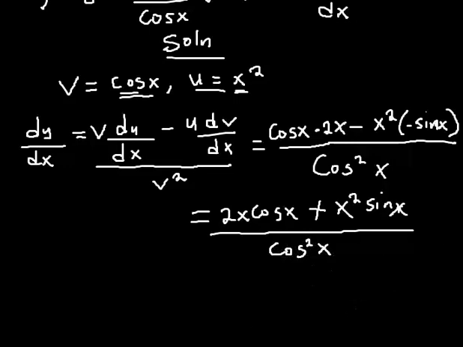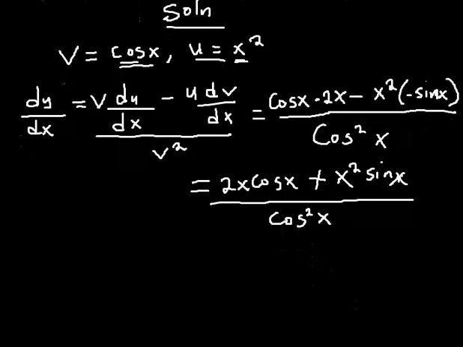Okay, so you can still break it down if you wish to. Let's see whether it's really necessary. I can divide this. If I divide cos x by cos squared x, because these two expressions are being divided by cos squared x, I can divide them individually. So cos x divided by cos squared x, one cos x cancels, I have cos x, so I'm having 2x all over cos x.